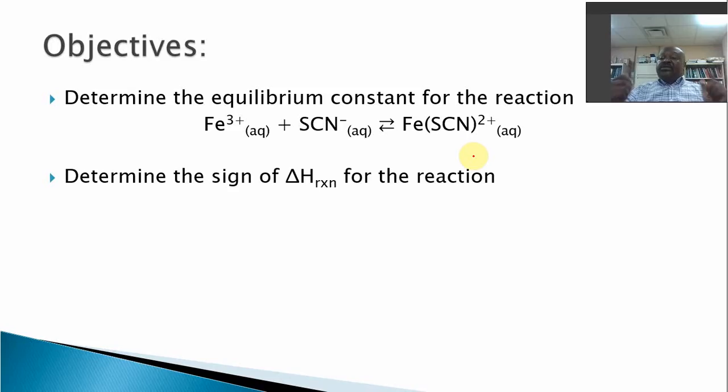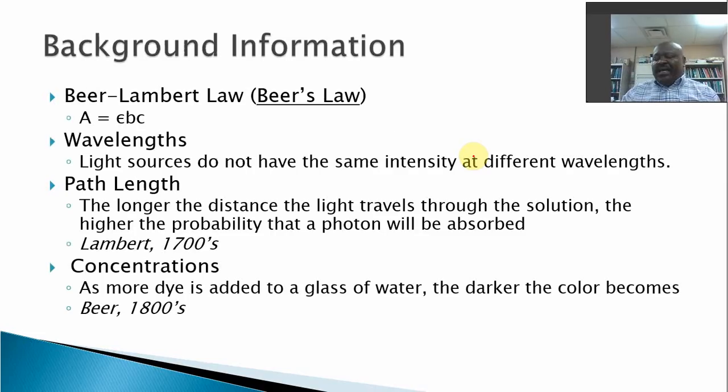Now, equilibrium constants, you've seen the numbers. Some of them are huge, some of them are very small. This one is intermediate. And so we can do it. We can measure the things that are needed to calculate the concentration. And then we're going to determine, is it endothermic or exothermic? Sign of delta H.